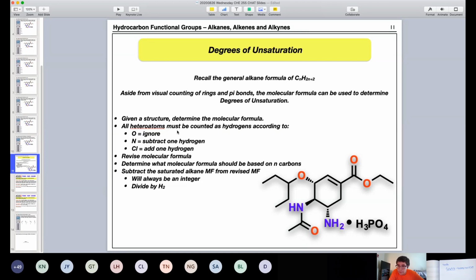All heteroatoms must be counted as hydrogens according to the following rules. Oxygen we ignore. So this is C16H28N2. We're getting rid of the oxygen. The oxygen does not affect the hydrogen count.